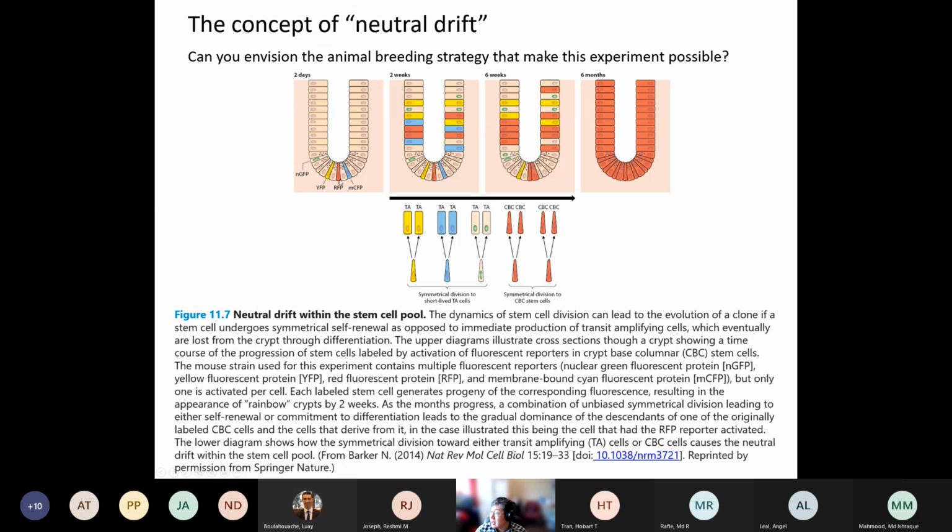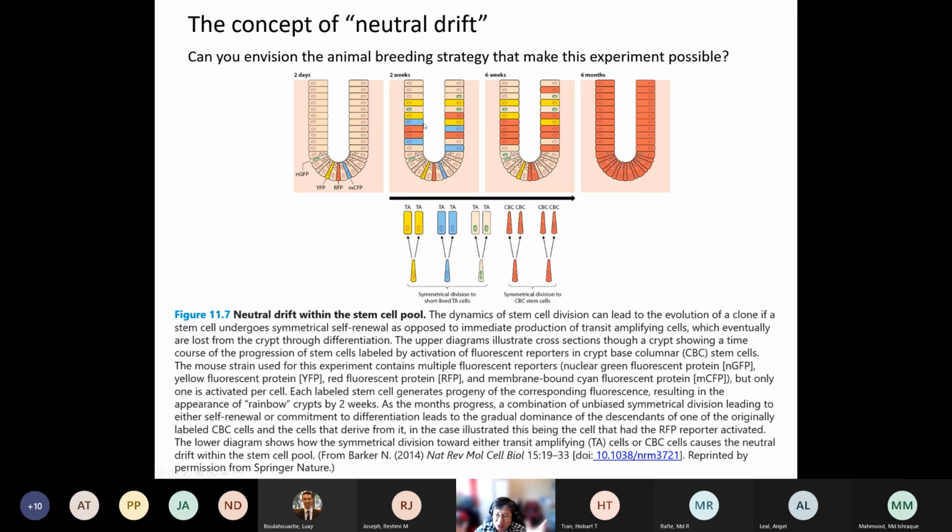So by this technique, they label the stem cells at the base, the columnar cells, with different colors. Within 2 weeks, you're going to see that the lining now becomes rainbow-like. Why rainbow-like? Because the stem cells at the beginning have different colors, and each of the stem cells will contribute to cell renewal, cell replacement.